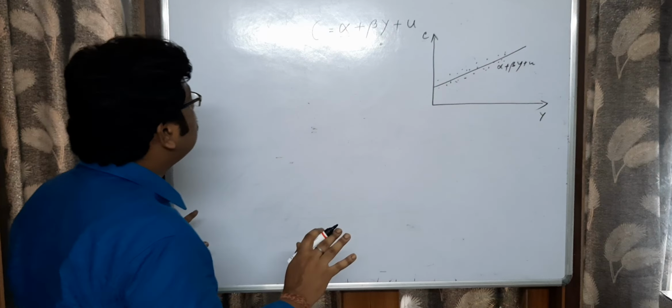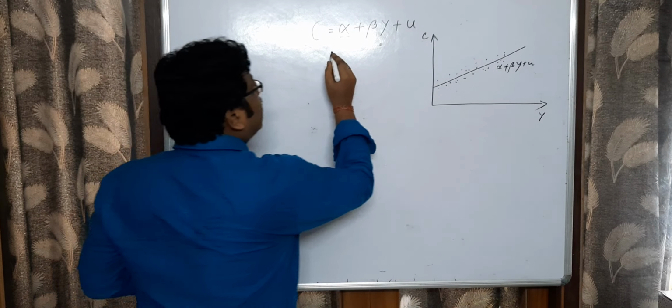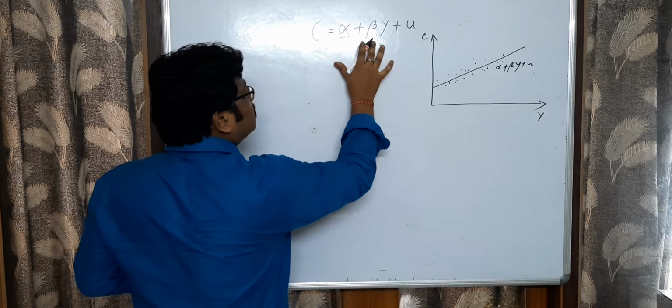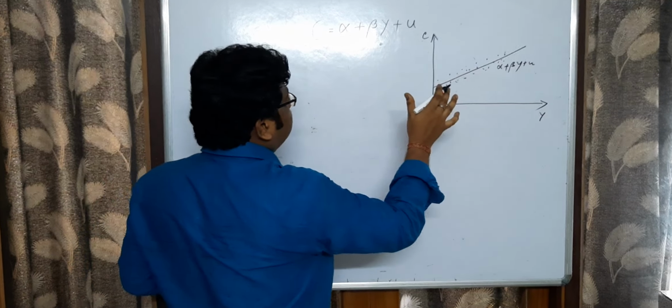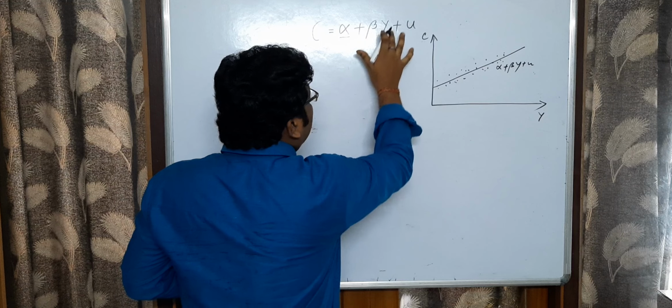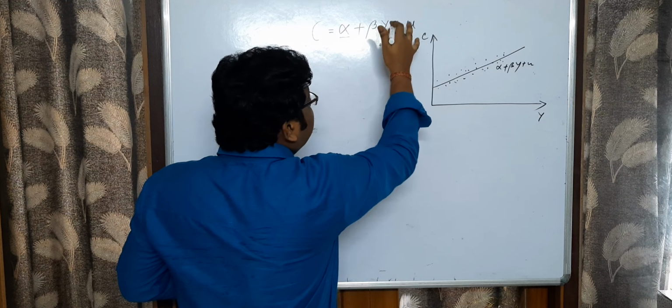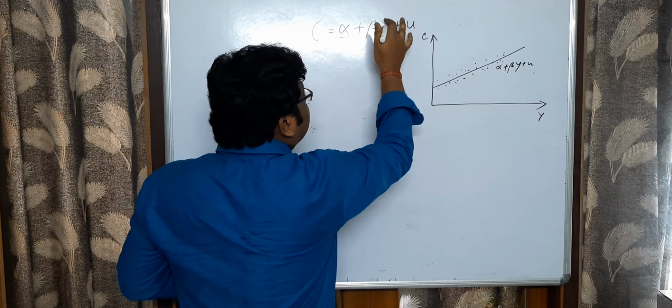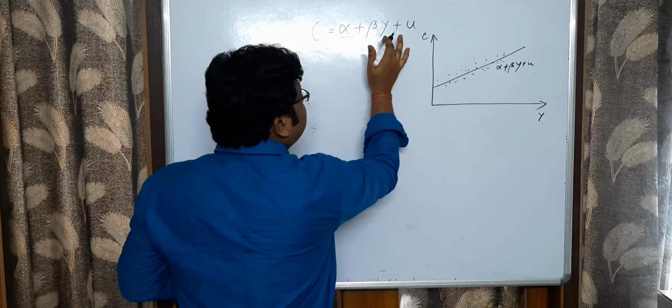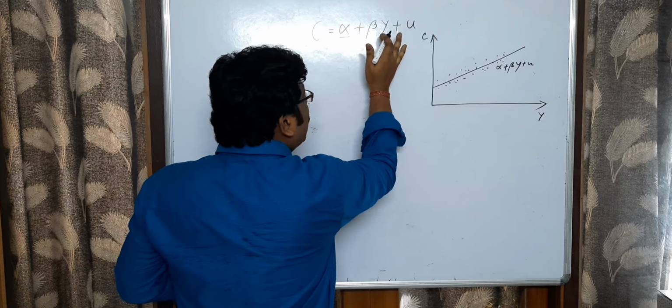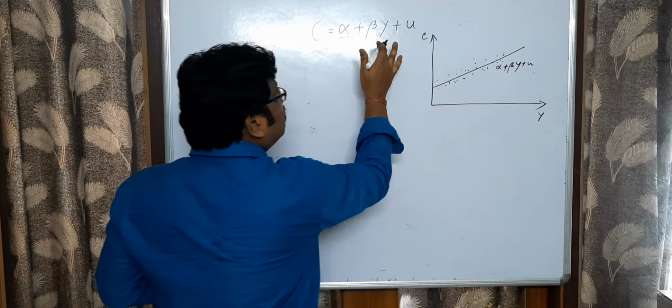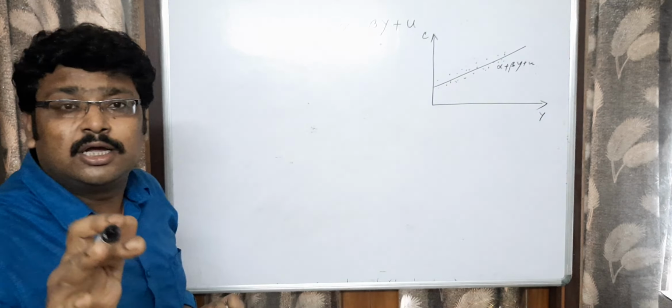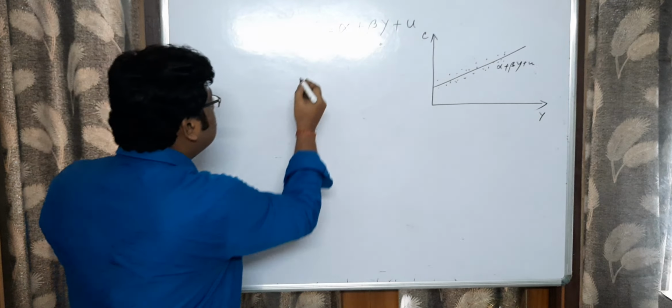Now, this is the simple regression, you know all about this. Now, suppose we take dummy variables or qualitative variables in place of the independent variable, that is the quantitative variable, and we replace this quantitative variable with a qualitative variable.